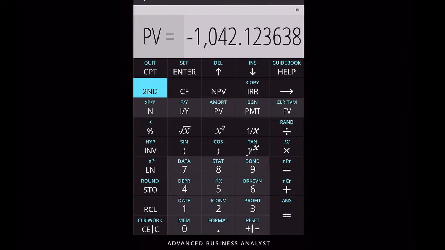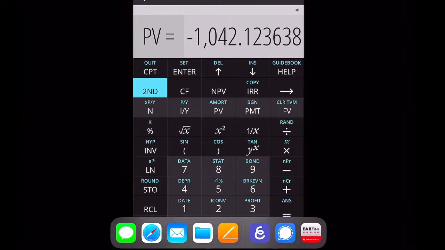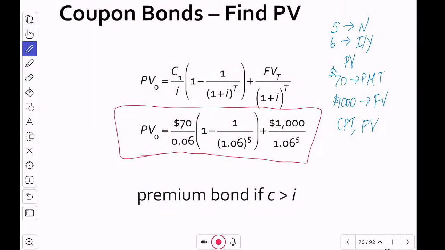So now we compute and we find it's $1,042.12. So the answer is in dollars and cents. Very good, Sergio.